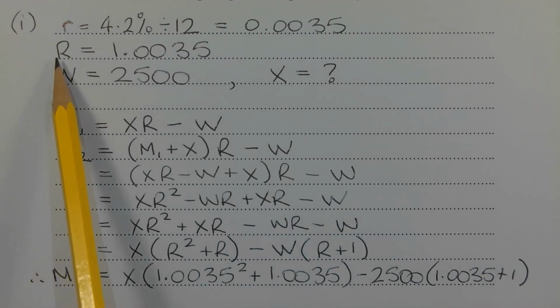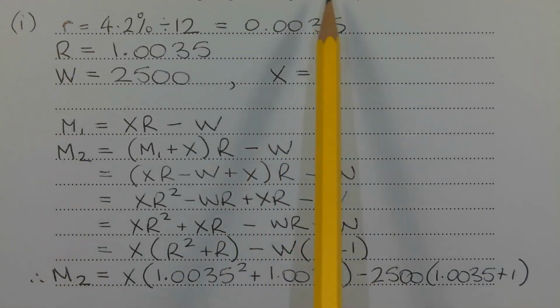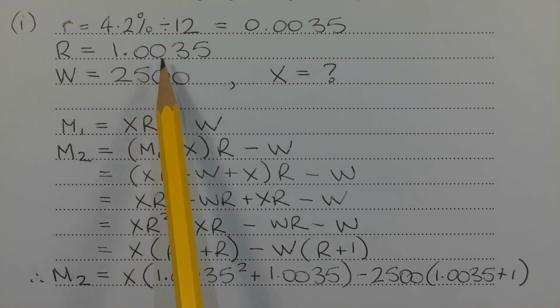Let's define capital R as 1 plus this amount. So that's 1.0035, and this will make the process of applying percentage increase from one month to the next much easier. Now, from here on in, when I say R, I mean capital R, since the lowercase r is not used throughout this solution.